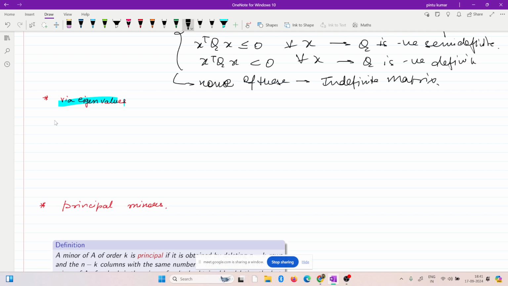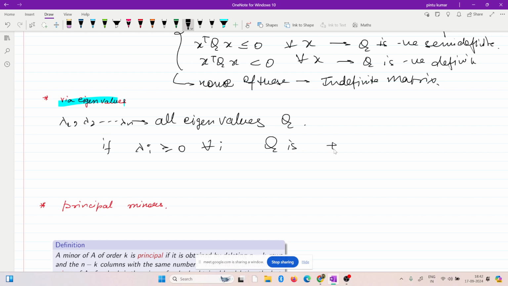Let's say these are all the eigenvalues of Q. So the first task would be that you calculate all eigenvalues of Q. Then if lambda i is greater than or equal to 0 for all i, that is, all of your eigenvalues are greater than or equal to 0, then Q is again positive semi-definite. Similarly, if all lambda i's are strictly greater than 0, then Q is positive definite.